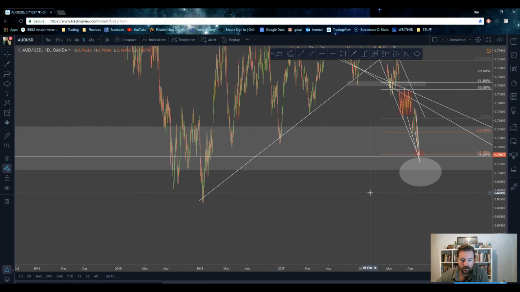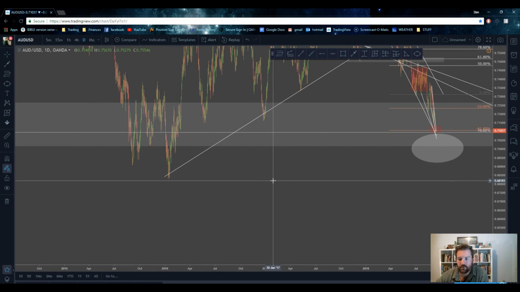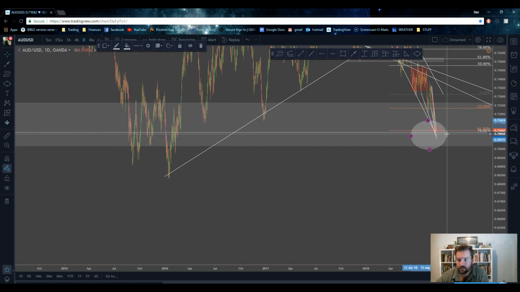Okay? If price gets all the way down here and double bottoms, or I should rephrase that. If price penetrates this deep, this is where all my confluence is, essentially in and around here. From all the lower time frame analysis up into the majority of the higher time frame analysis.